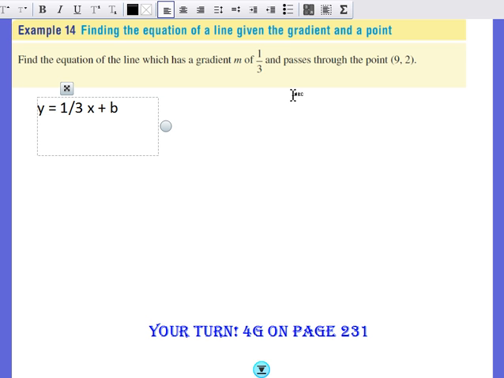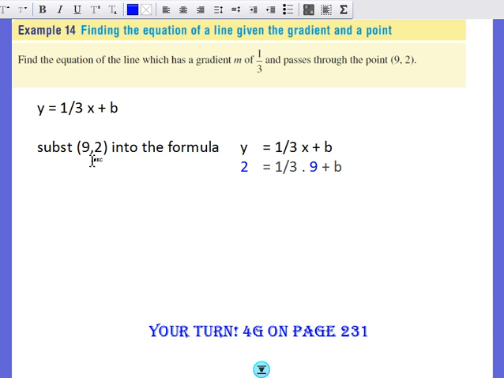Well, one way I can do it is using this point here, the point (9, 2). I know that this point is on the line because the question has told me that it passes through the point (9, 2). So I can substitute these values of this point into my nearly complete formula, and let's see what happens.